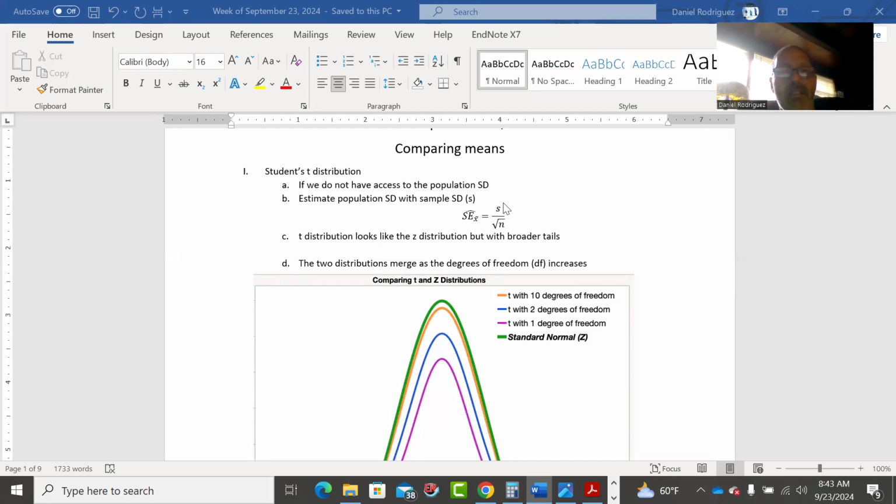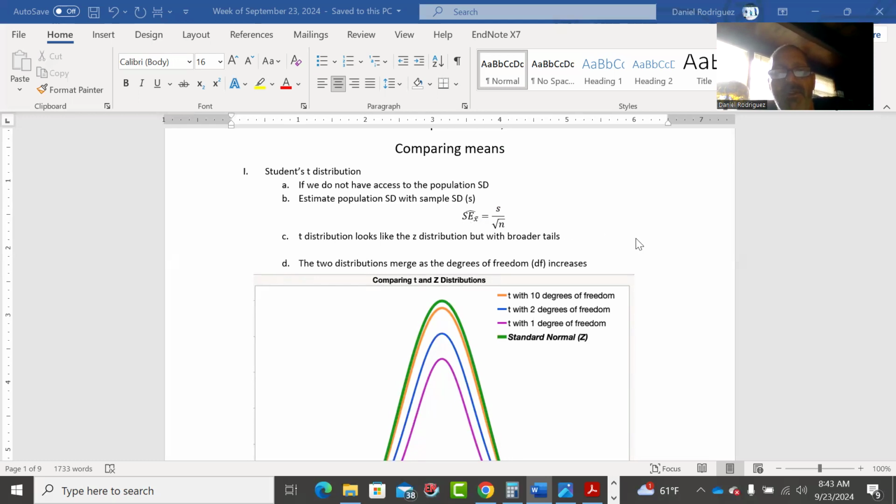Now, as I've shown before, the sample variance is an unbiased estimate of the population variance. So for the S here, the standard deviation, because the variance is S squared, this is an unbiased estimate of the population standard deviation.